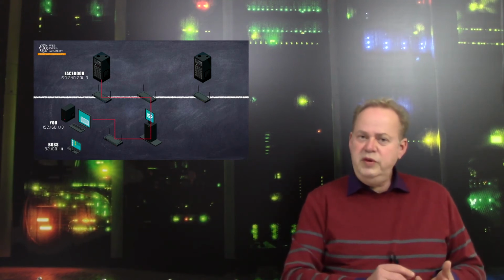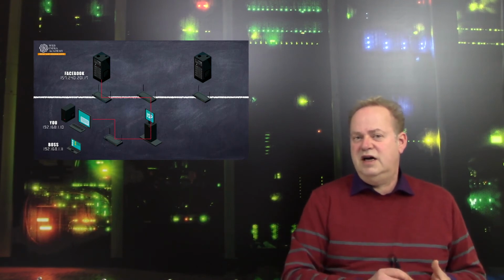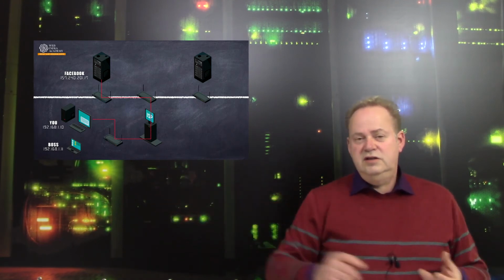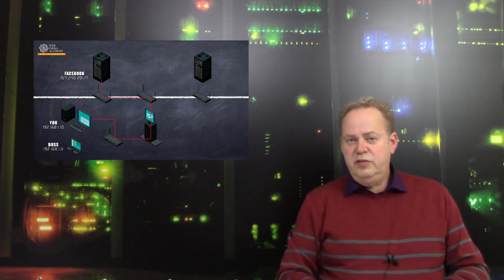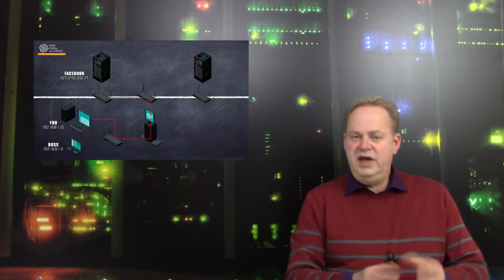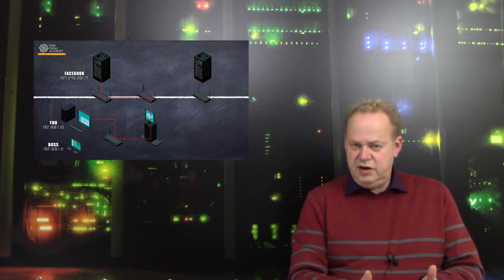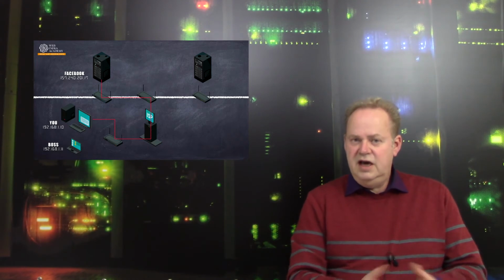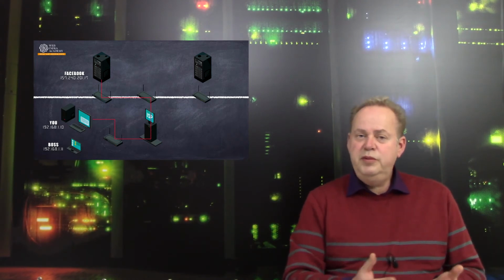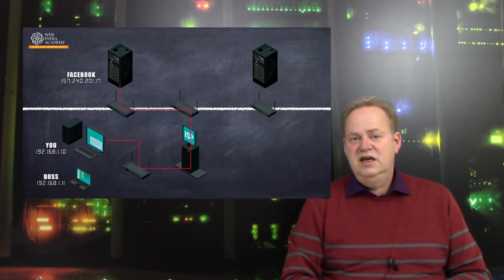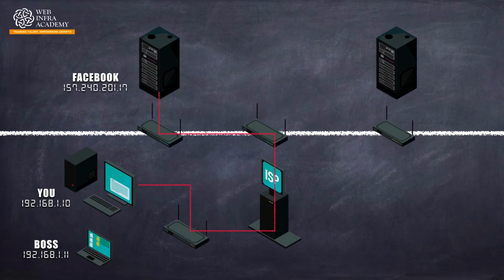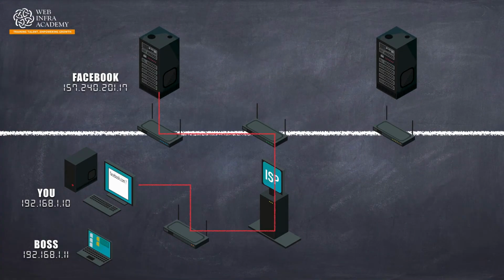Well, before we send the packet of data over the line to the internet, we add a wrapper. We add an envelope around the data, you could say. And on this envelope, we put the sender address, in this example, 192.168.1.10, my IP address.